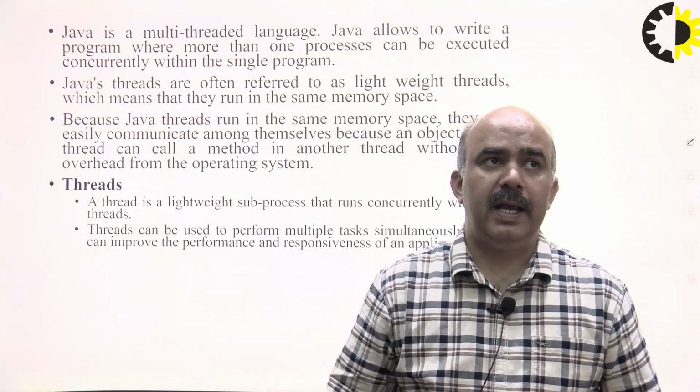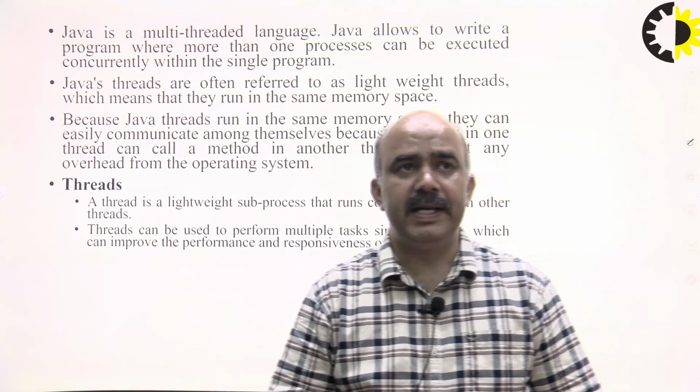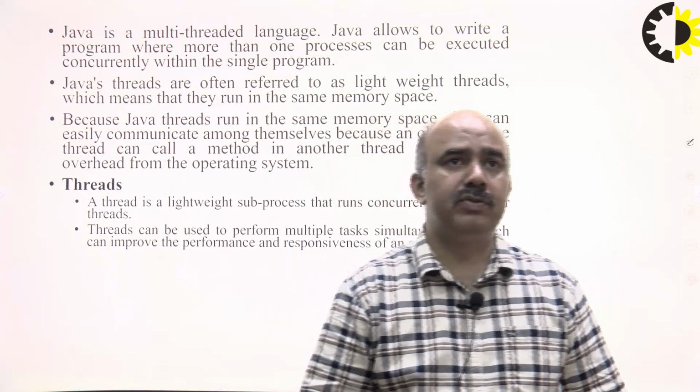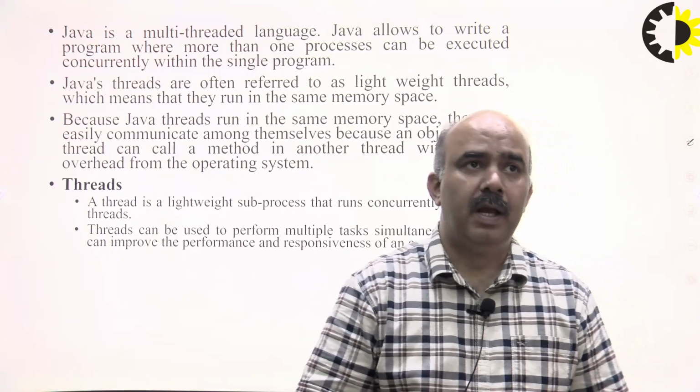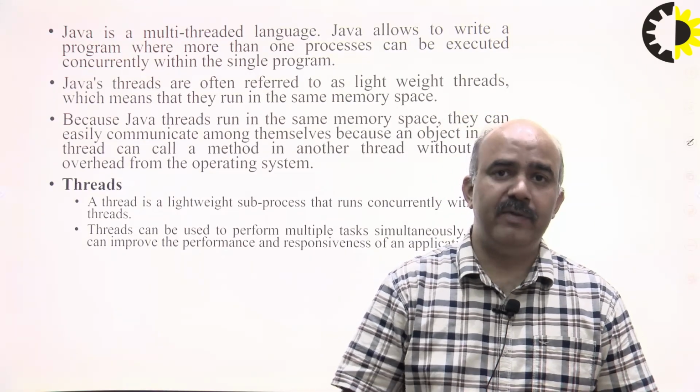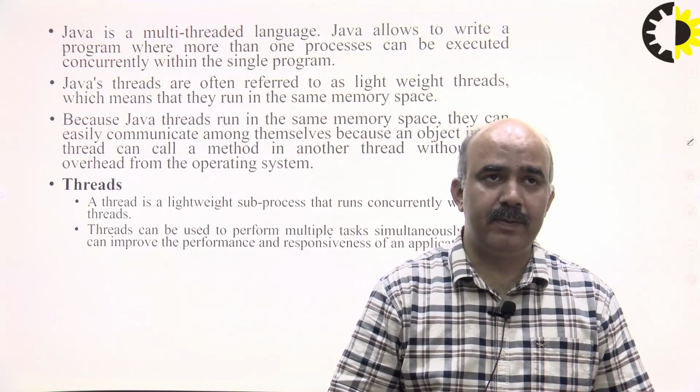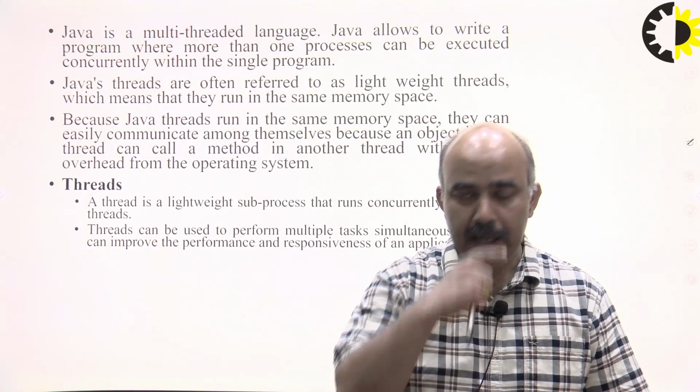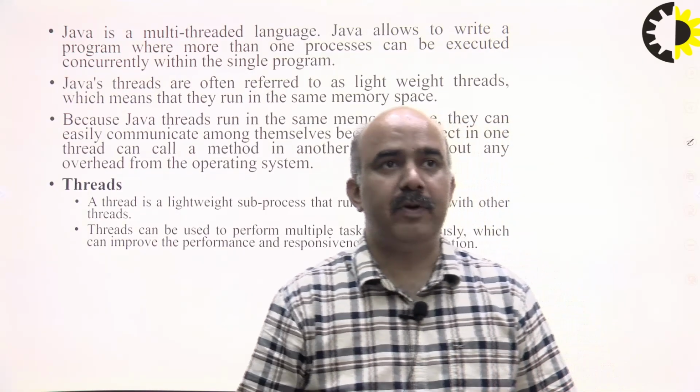So, Java is a multi-threaded language, which allows you to write programs in which more than one process can be executed concurrently within a single program.